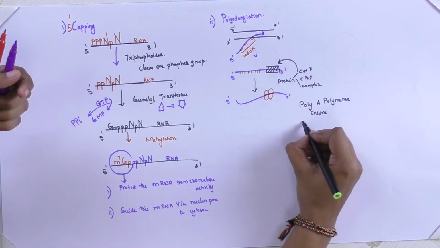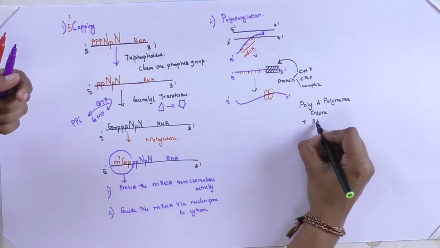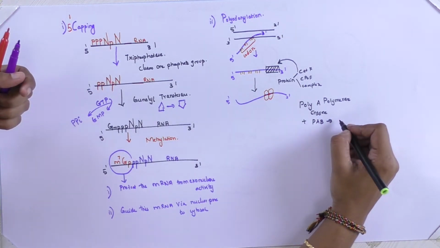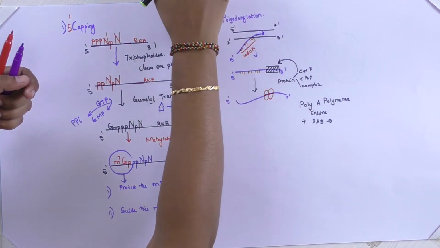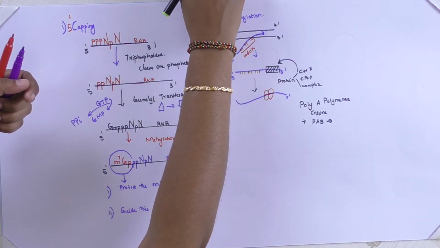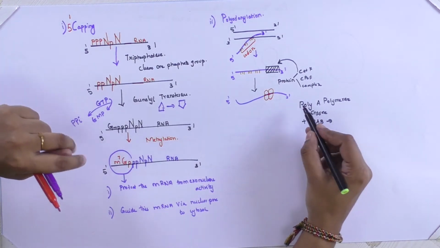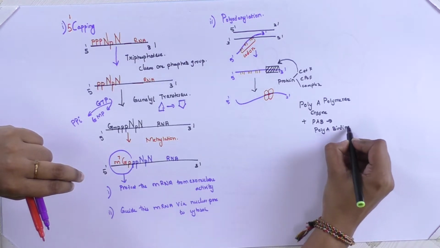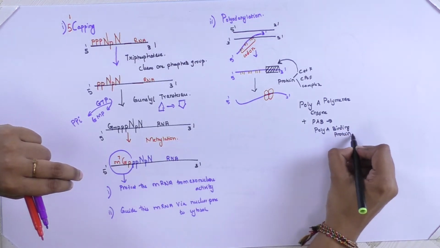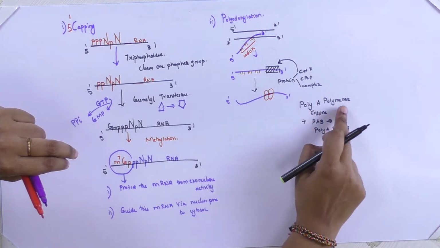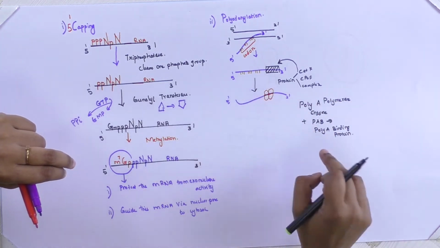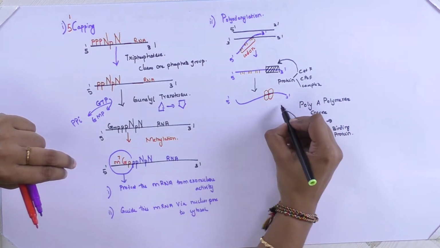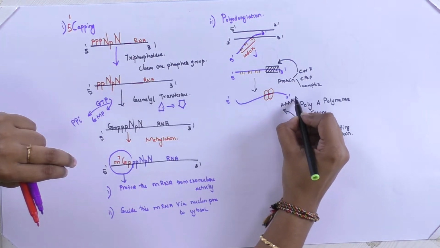The poly A polymerase enzyme works along with PAB, that is the poly A binding protein. So you have two: the poly A polymerase enzyme, which is going to recognize this signal, and the poly A binding protein. They are going to add adenine residues at the end of the complex.